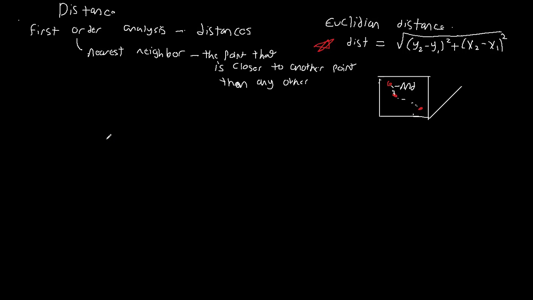So how does a first order analysis actually work, and what is it actually doing? You can imagine we have a data set. For that data set, the first step is to calculate the nearest neighbor distance for every point.